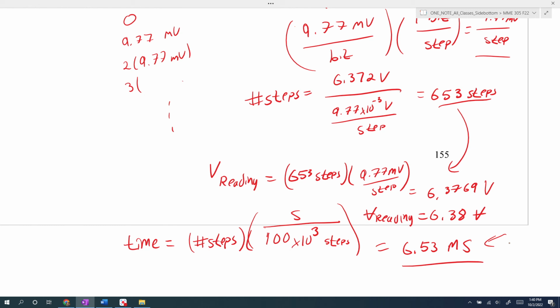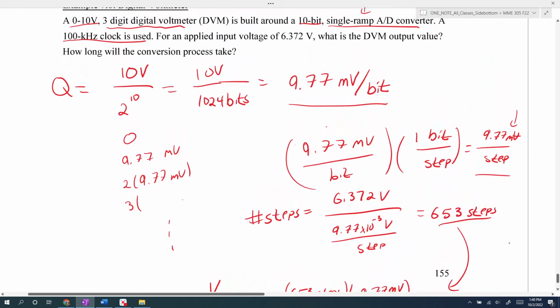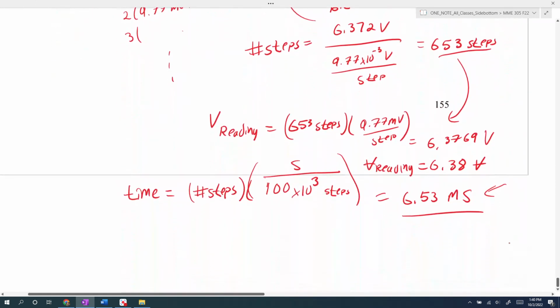It gives you a good accurate reading, so for a digital multimeter, this is probably a suitable system. But if you were trying to acquire a dynamic signal with values in the thousands of hertz, this ramp type analog to digital converter would not be a great option.